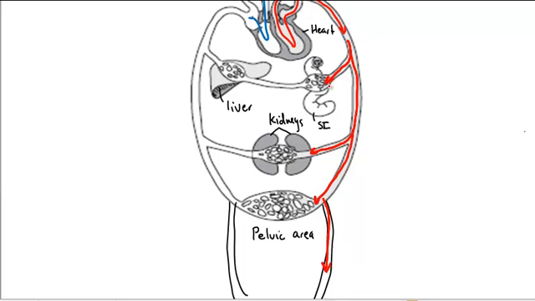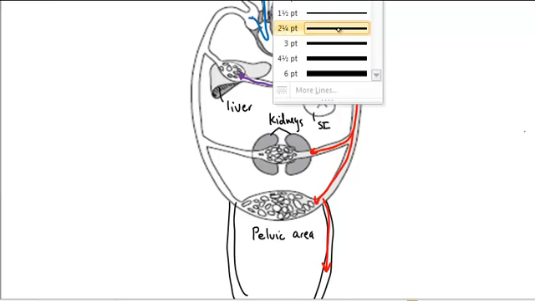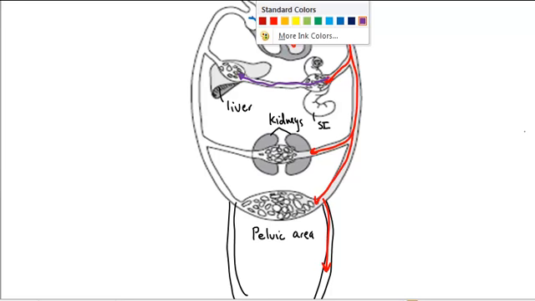Eventually, it's actually going to start losing its oxygen as it gives it off to tissues. It's going to go through your small intestine to your liver, and we discussed how the other day, or other unit, that blood goes directly from the small intestine to the liver. It's going to go through your kidneys.